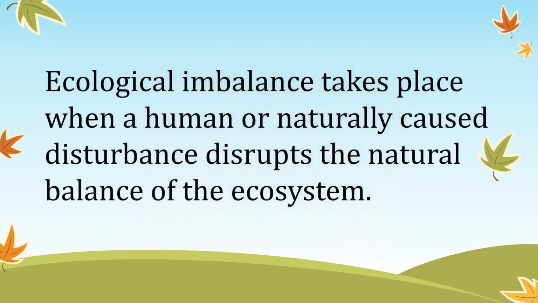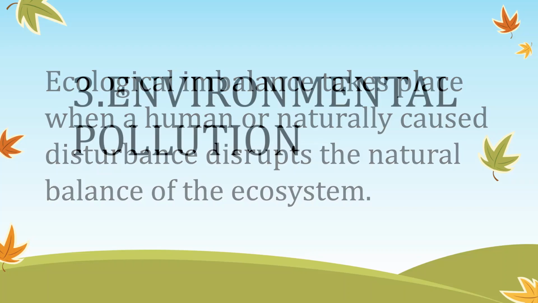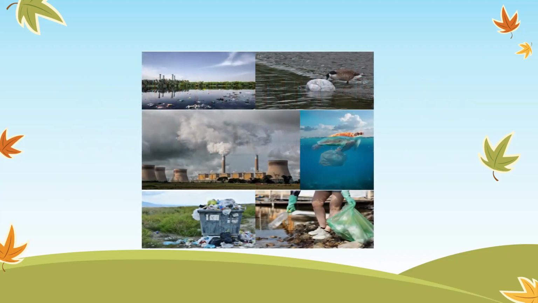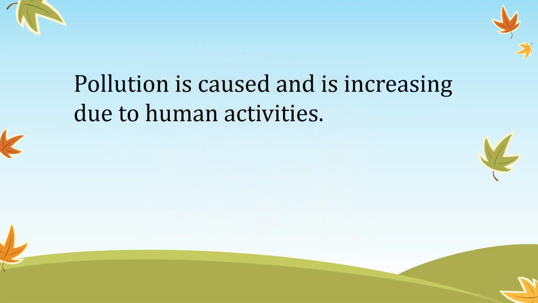Ecological imbalance takes place when a human or naturally caused disturbance disrupts the natural balance of the ecosystem. Third one, environmental pollution is a very big issue. Pollution is caused and is increasing only due to human activities. Nowadays we can see pollution everywhere, air pollution, water pollution, sound pollution, everything.